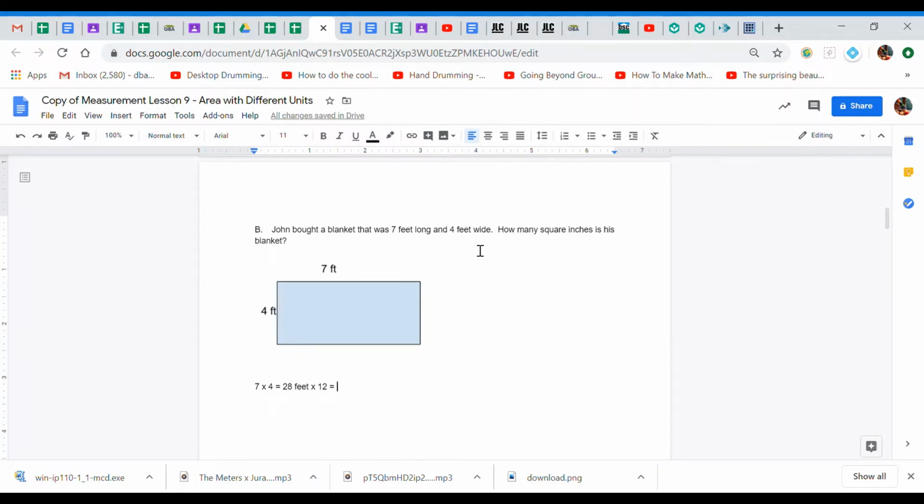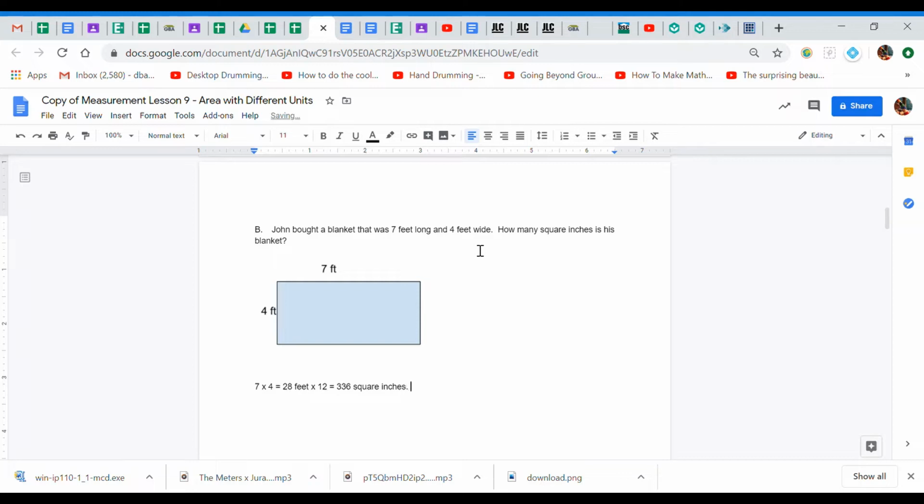I'm going to quickly solve that out myself. If you did 28 times 12, you got 336 square inches.